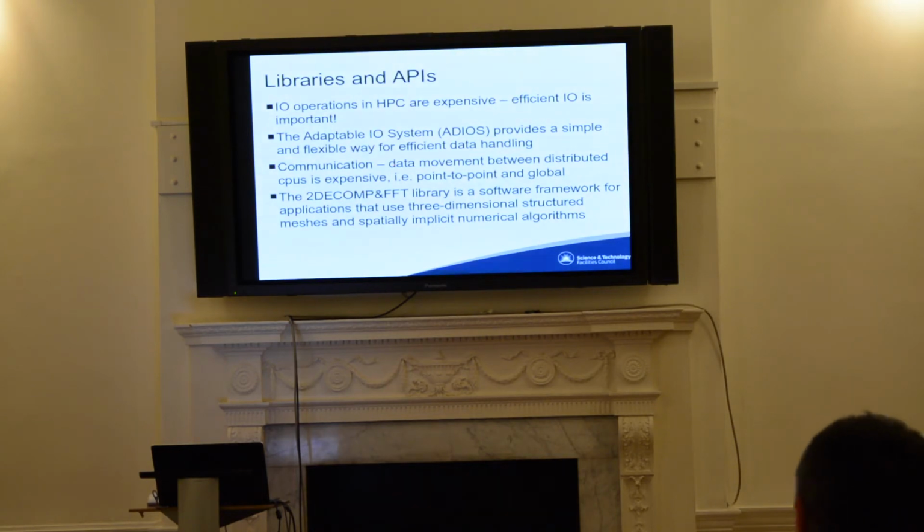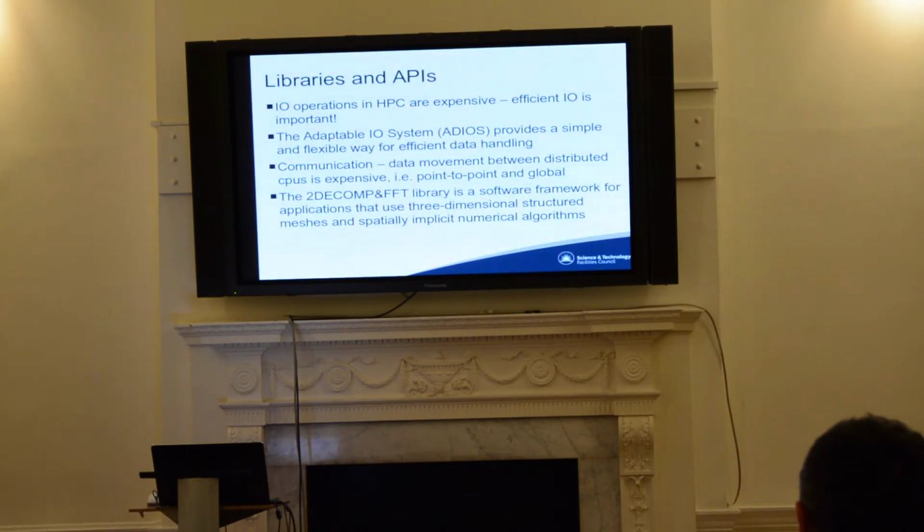And what that does is basically enable you, if you have an application that has to use fast Fourier transforms, FFTs, then you will need to do global communications, because you'll be transforming from a spectral space to a real space and so forth.